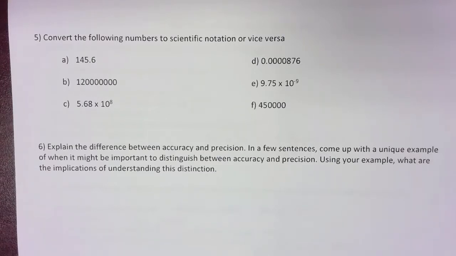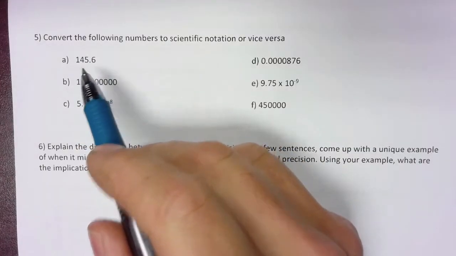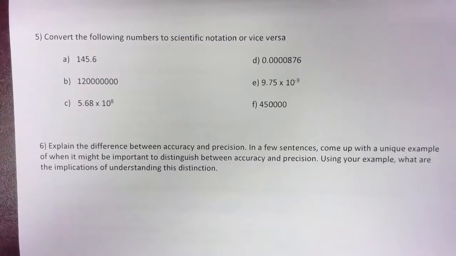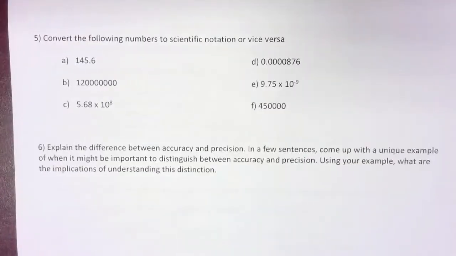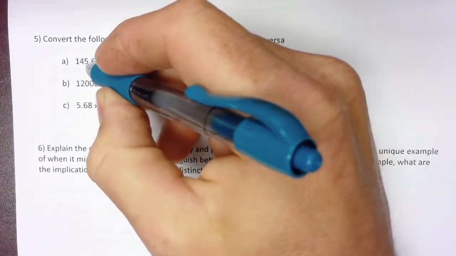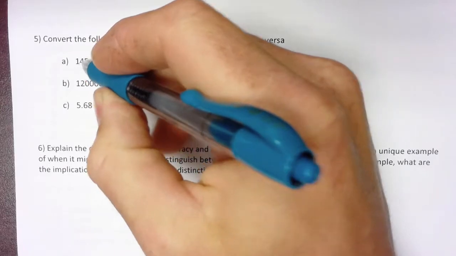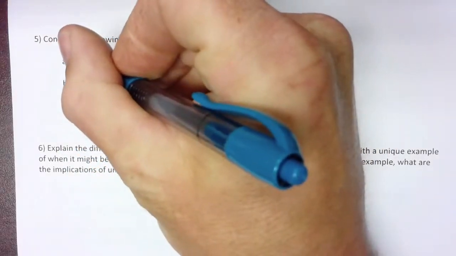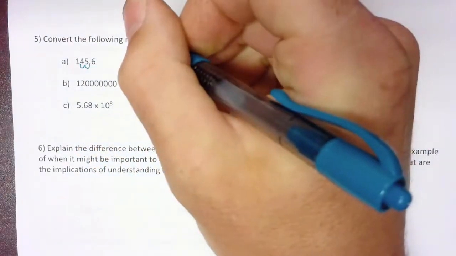Convert the following numbers into scientific notation or vice versa. So for this one, 145.6, if we want to convert that into scientific notation, we need to move that decimal place until it's between that 1 and the 4. So we're going to move it 2 spots.